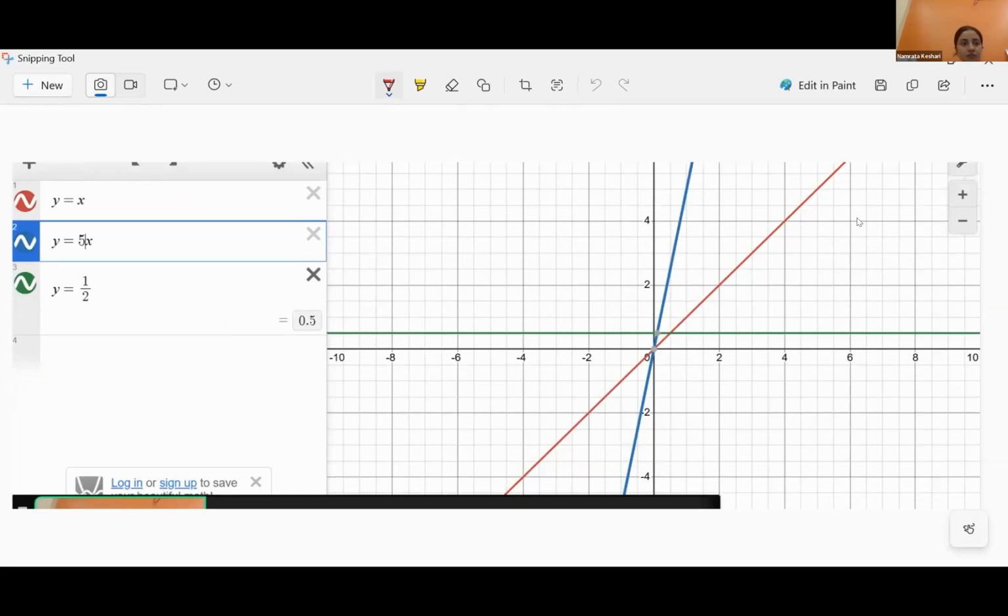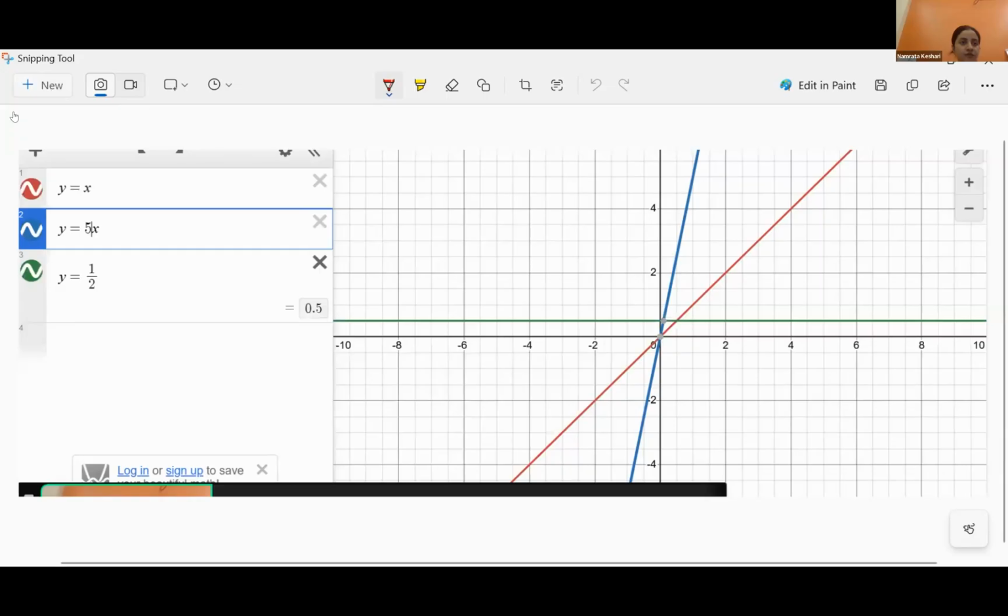You all can see the screen. Wait. Can you see the screen?